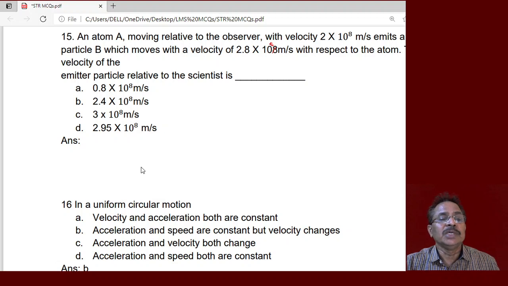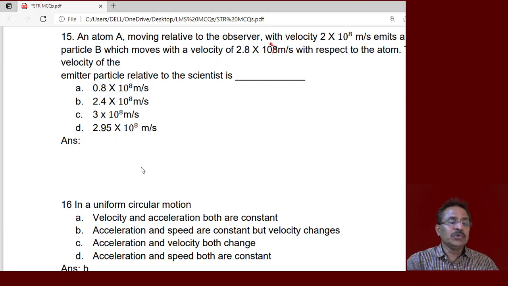Now there is a correction here: this is not 10 raised to 108, it is 10 raised to 8. The velocity of the emitted particle relative to the stationary scientist is asked. The atom is moving with a velocity of 2.2 into 10 raised to 8, and it gives out another particle with a velocity of 2.8 into 10 raised to 8 meters per second.